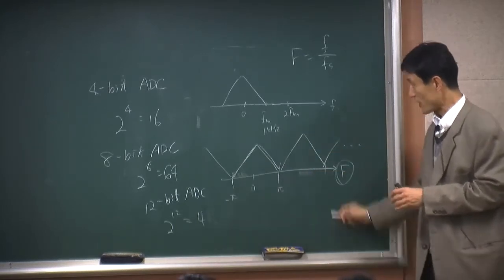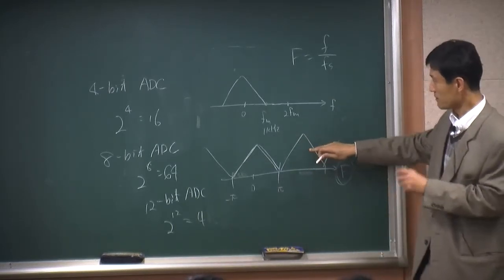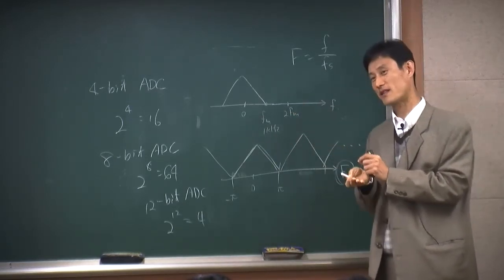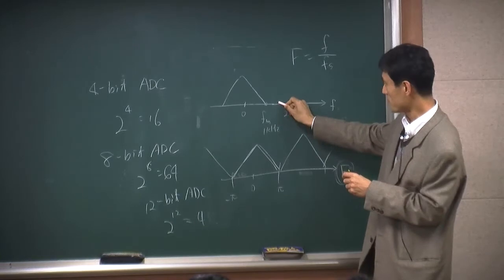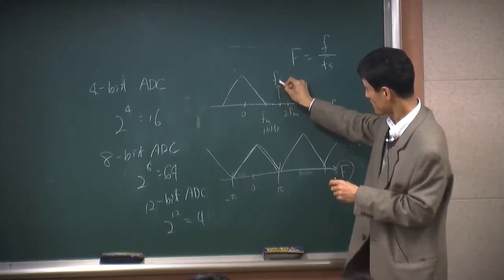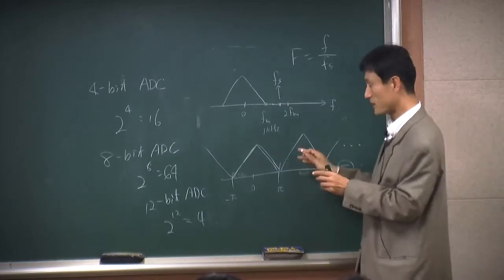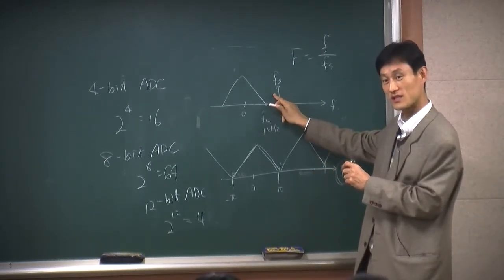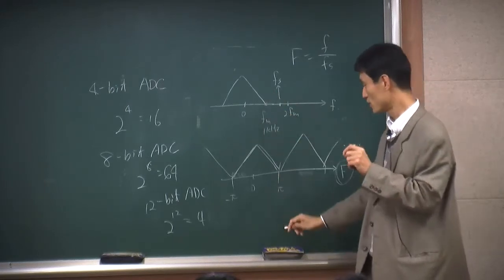Now, when you sample it, the important thing is you need to choose a sampling frequency and then sample it. But if you do undersampling, let's say here, then what happens is the repetition happens based on this sampling frequency because this is the frequency you use to sample it.